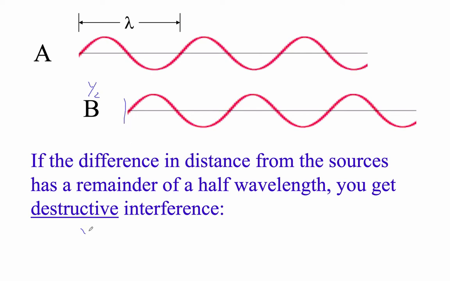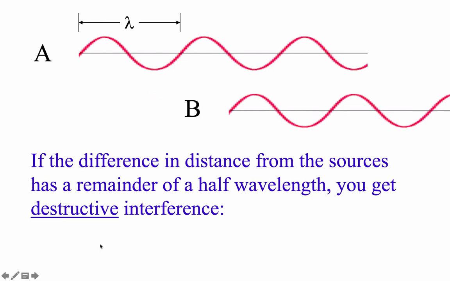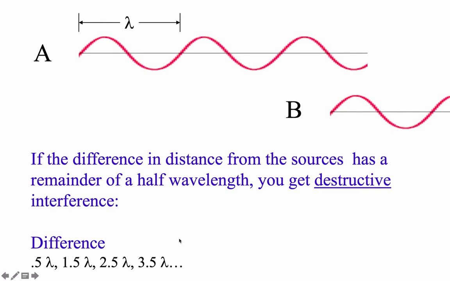So this is 1/2 wavelength, this is 1.5 wavelengths, this is 2.5 wavelengths. So basically the math for this is if it's n plus 1/2 times lambda, where n is 0, 1, 2, 3, then it's destructive interference. In the next video, I'm going to show you how to actually do calculations with this.